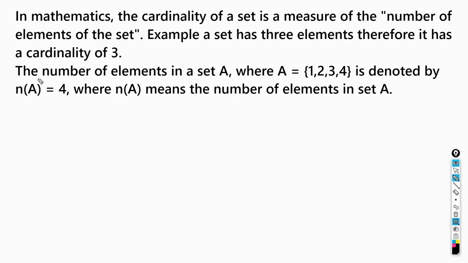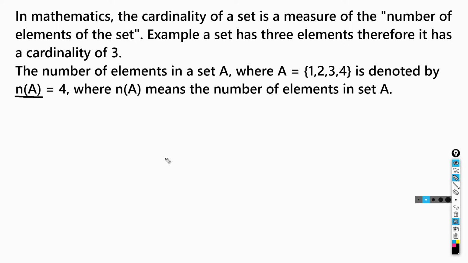The number of elements in a set A, where A is equal to {1, 2, 3, 4}, is denoted by n(A), which is equal to 4, where n(A) means the number of elements in set A.